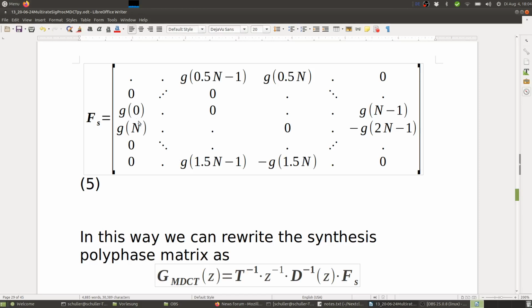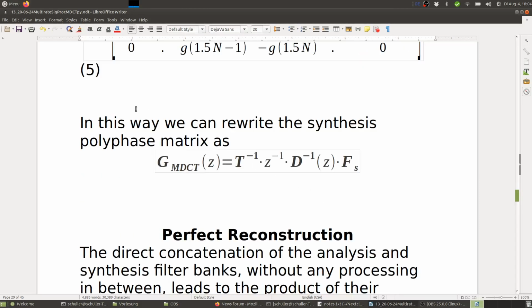So again, here positive, positive, and then the last one is negative. So in this way we can rewrite the synthesis polyphase matrix as this. We have T to the minus 1 times z to the minus 1 times D inverse of z times Fs. So again, a product of 3 simple matrices and a delay.